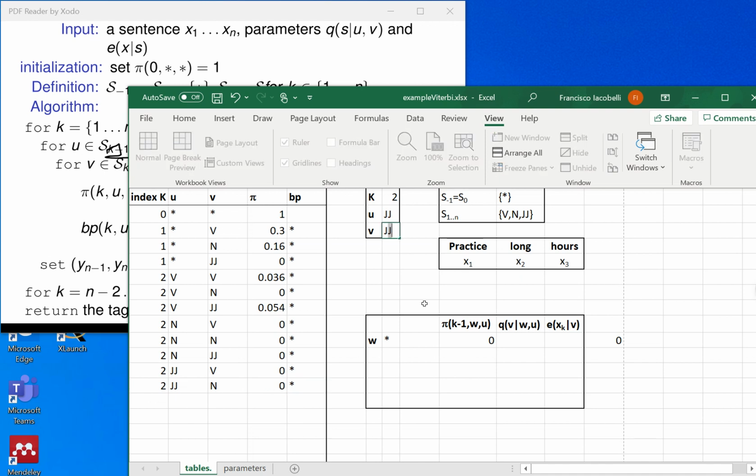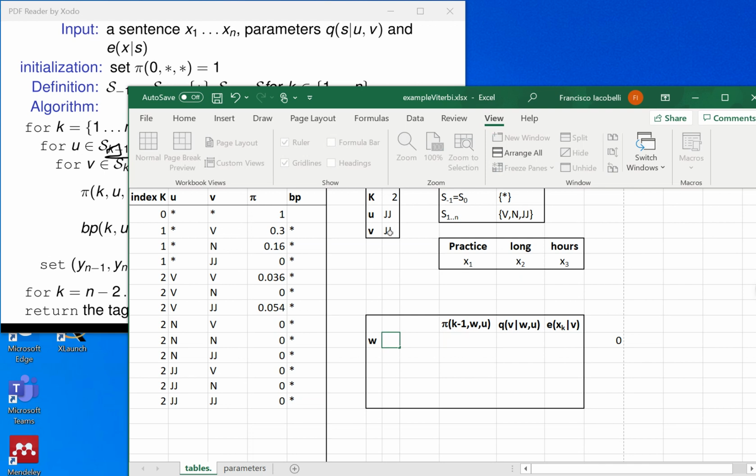This guy iterates over to JJ, and I'm looking for the entry 2 JJ JJ, which basically says what are the chances that the word number 2 ends in tags JJ JJ. That's the sequence of tags. So again, W is star, and this is going to be pi of 1 star JJ, which is 0. So this value is also going to be 0, generated by our friend, the star tag, which basically indicates the start of a sentence.